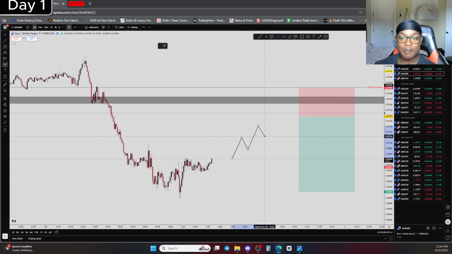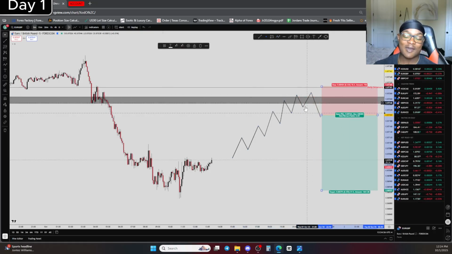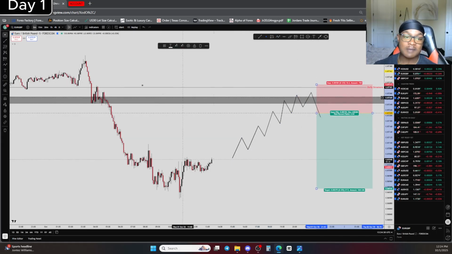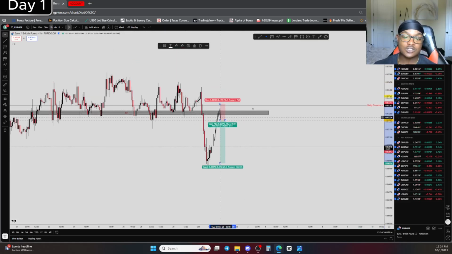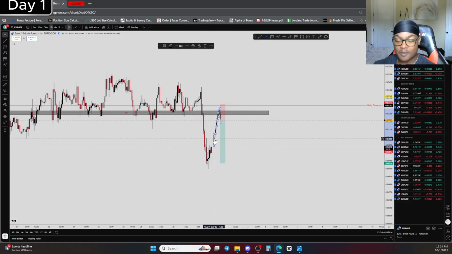Once price can tap back into my zone, since we have already showed rejection towards this daily structure, we're underneath, I will simply wait for the 5-minute time frame to show rejection towards my 4-hour zone, get above, and then get back underneath, presenting me with the breakout towards the downside, showing me selling pressure is stepping back into play, stops just above, and then targets, like always, since I'm using my 1-hour structure zone, my 1-hour area of interest, I'm using my 1-hour lows to target for my profit level.